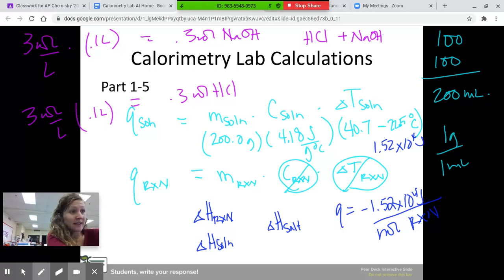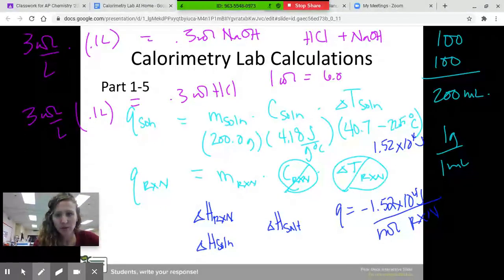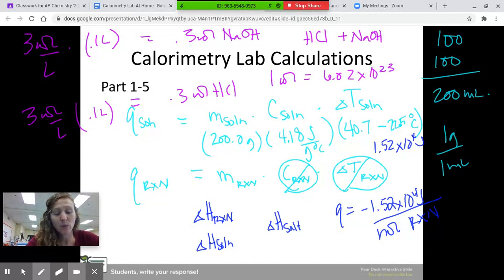Yeah, that makes sense. It's helpful here to think of moles. Remember that 1 mole is an actual number. It's 6.02 times 10 to the 23rd of anything. So if you have 0.3 moles of donuts, you have an actual number of donuts.